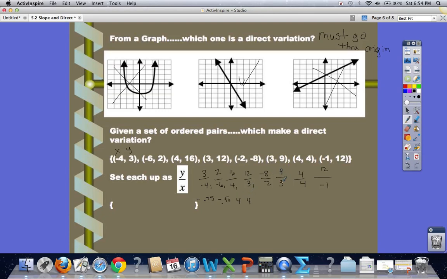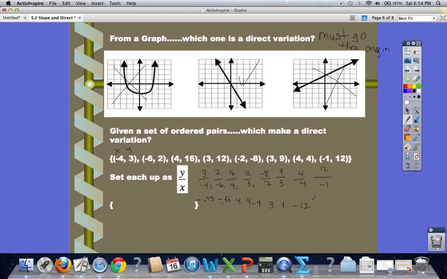Negative 8 divided by 2 is a negative 4. 9 divided by 3 is 3. 4 divided by 4 is 1. And then 12 divided by negative 1 is negative 12.